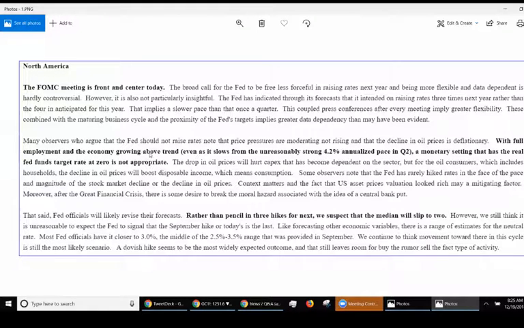That's good, okay? But for oil consumers, high oil prices can be viewed as a regressive tax on a consumer. For oil consumers, which includes households, the decline in oil prices will boost disposable income, which means consumption.